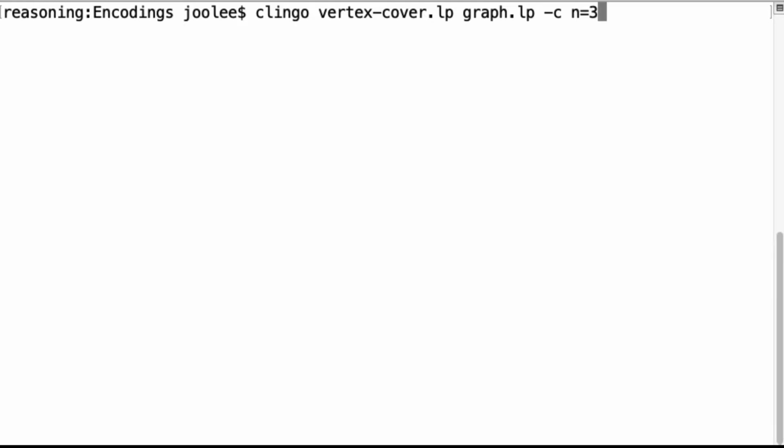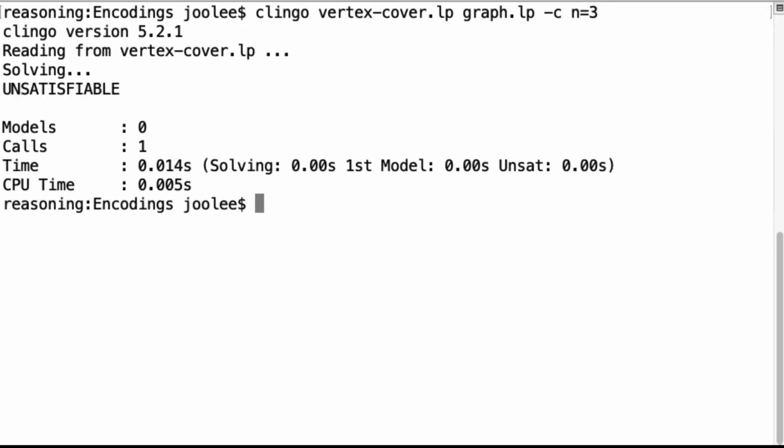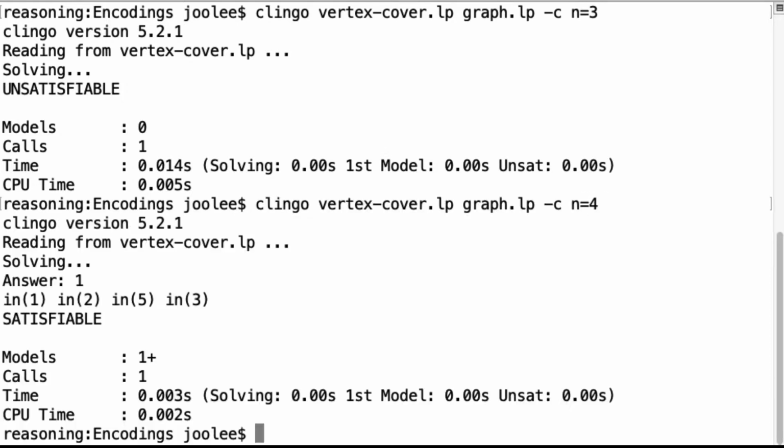So let's say, is it possible to have 3 vertices to cover all edges? Oh, it's not possible. Four. So for this one, the minimal vertex cover is 4.